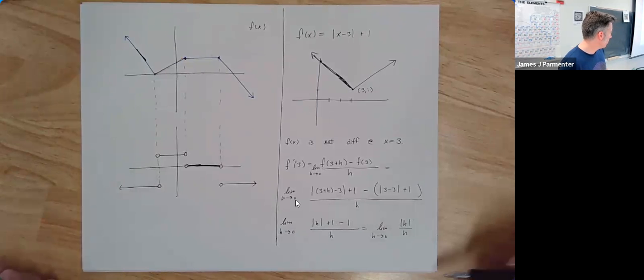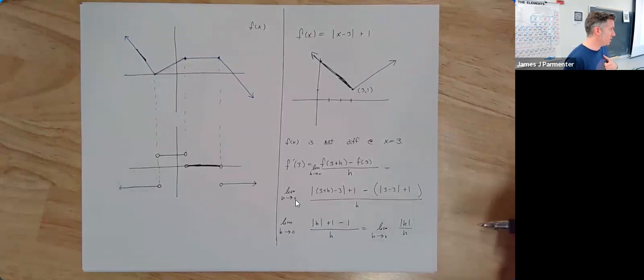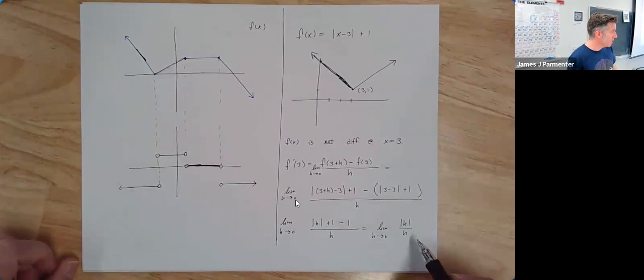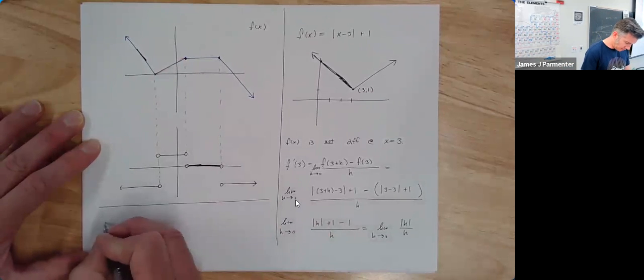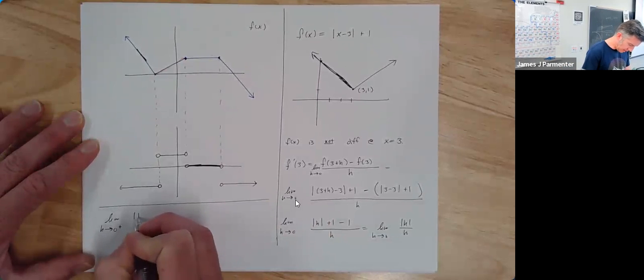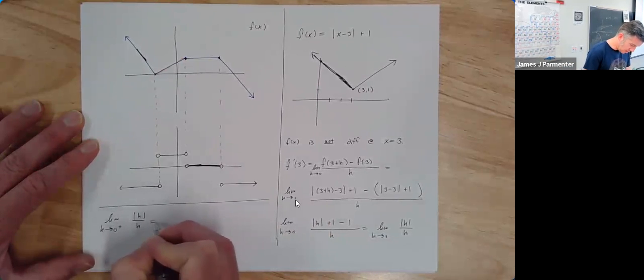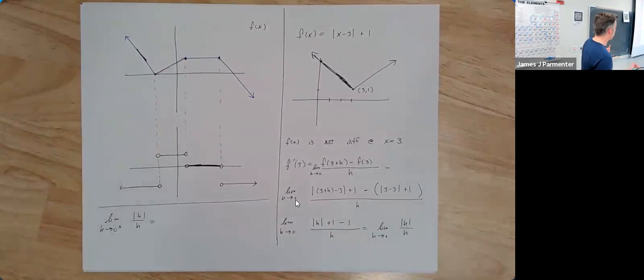Now, I'm pretty sure you've talked about this in class as well as in here before, but just so everyone knows why this doesn't exist, it's because the left-hand side and the right-hand side aren't the same. So we look at the limit as h approaches 0 from the right of the absolute value of h over h. We're approaching 0 from the right-hand side. That means we are positive or negative? Positive. So the absolute value of a positive number is just that positive number.